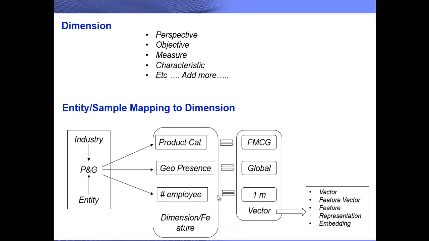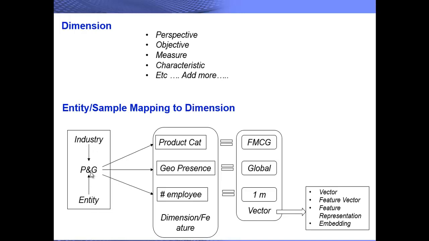Now if we have an entity or the sample, we try to map them, and we map them onto the dimensions. So we map them or we project them onto the dimensions. Okay, so let us see the example of the dimension here. Let's say there is one entity, P&G, which is a kind of industry.